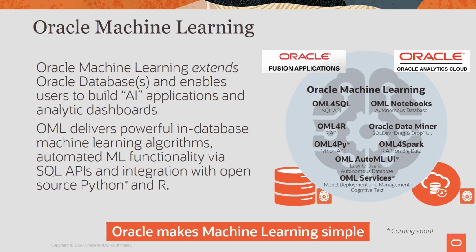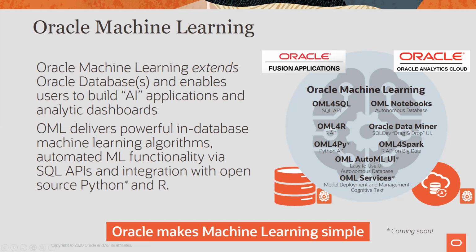It delivers over 30 powerful in-database machine learning algorithms and automated machine learning functionality. We even have something called AutoML that's coming very, very soon, but we also have many other automatic data preparation features and so on. Depending on whether you're on-prem or in the cloud, we're going to have different user interfaces. We're going to have the notebooks that we're going to use up on the Autonomous Database Cloud. There's also this drag and drop GUI that's part of SQL Developer.